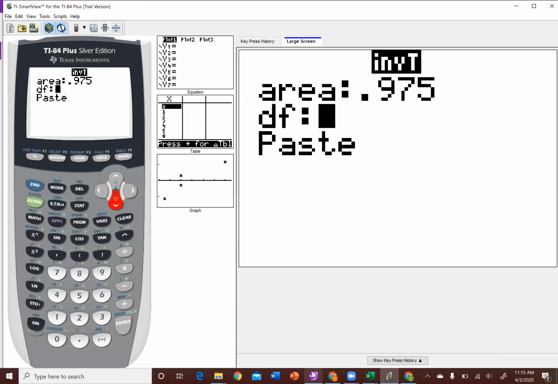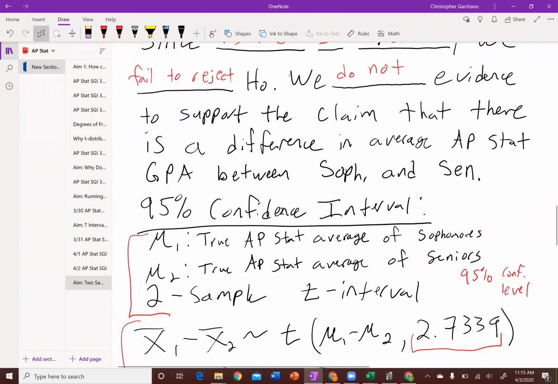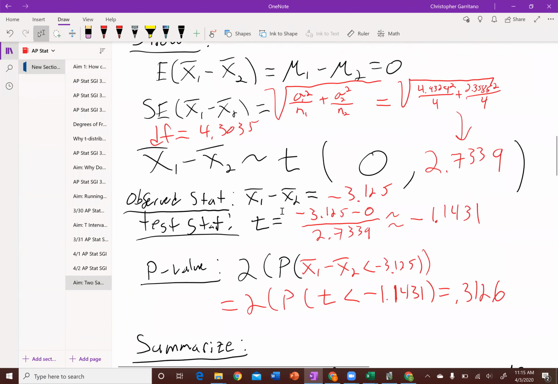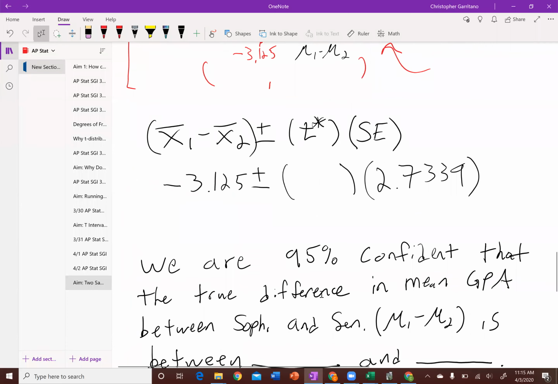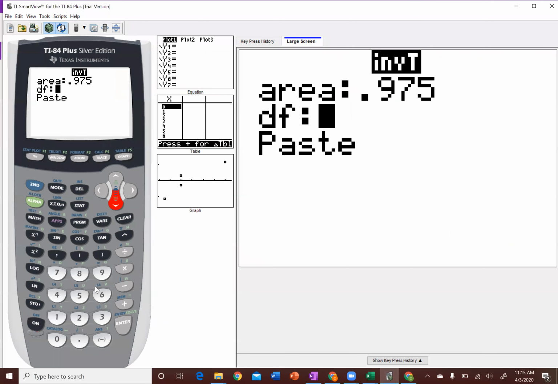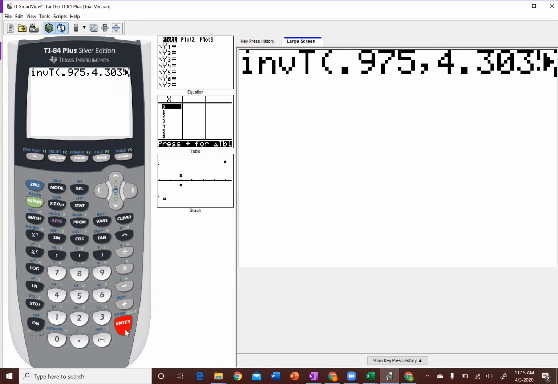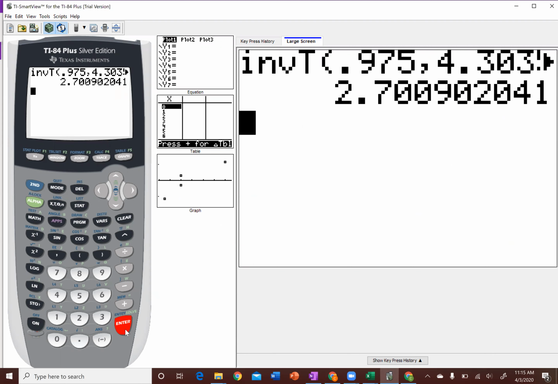The degrees of freedom, that's the same number that we found earlier, 4.3035. Enter, enter, enter. And this will give me my T star. So you can see it's 2.7009. Let me write that in.